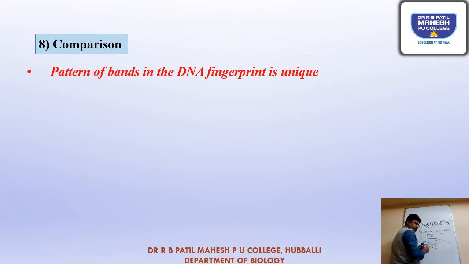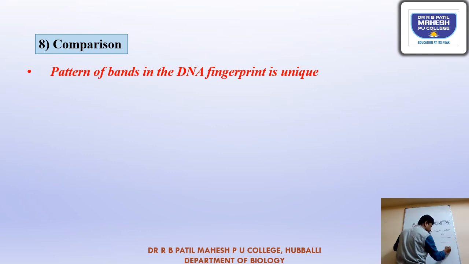For example, when you consider this, this is the parental bands. This is the father's DNA fingerprint, 1, 2, 3, 4. So 4 bands are available. When you look at the son's fingerprint, some regions are similar.